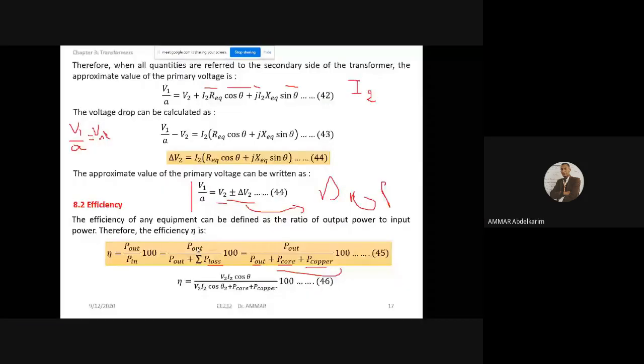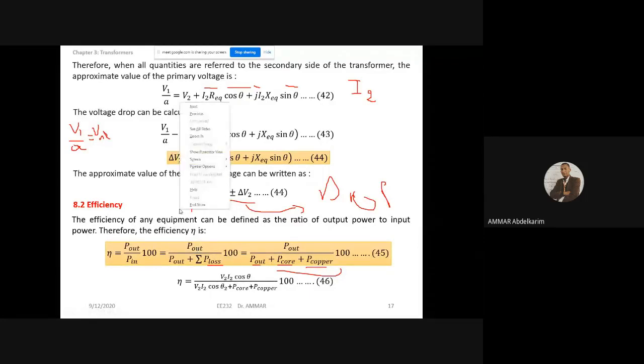Of course, if we want to buy a transformer, we always try to choose the transformer that has the maximum efficiency, for example 90% or 95%, which means that this transformer has low losses. And those losses, of course, depend on the materials the transformer is made from.